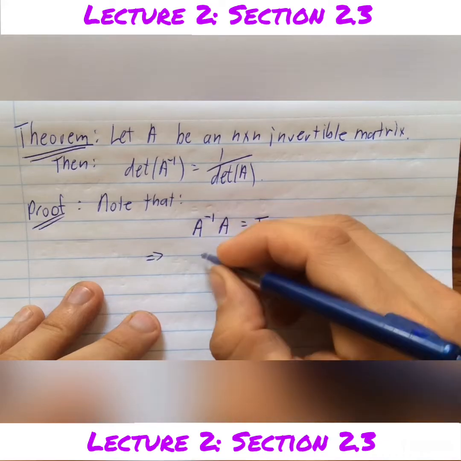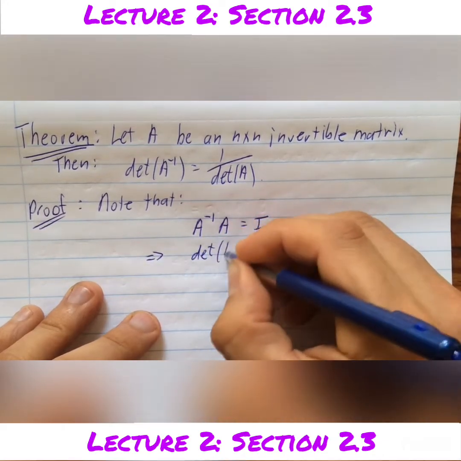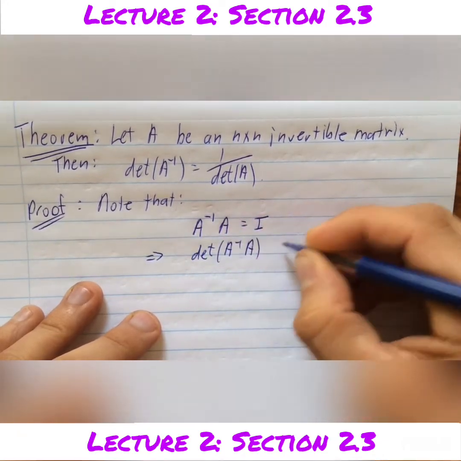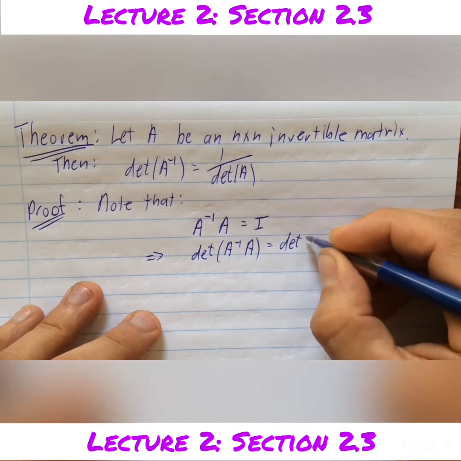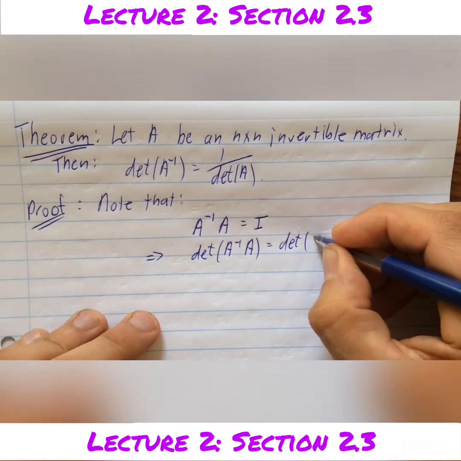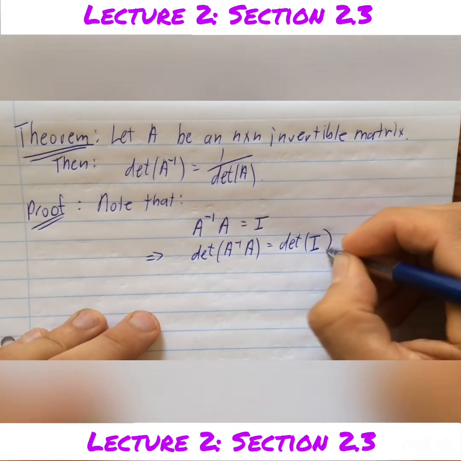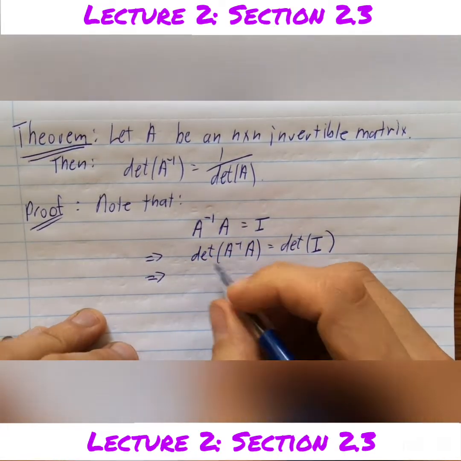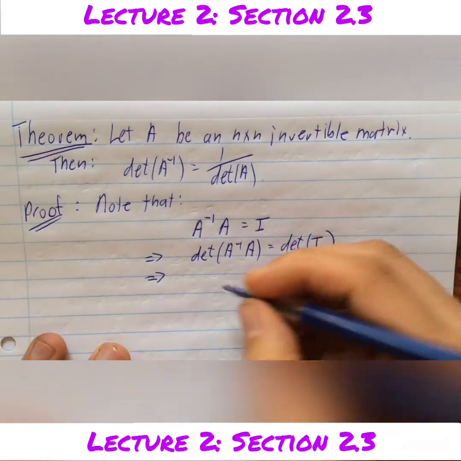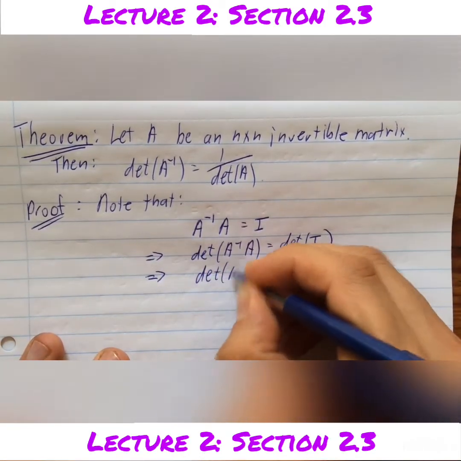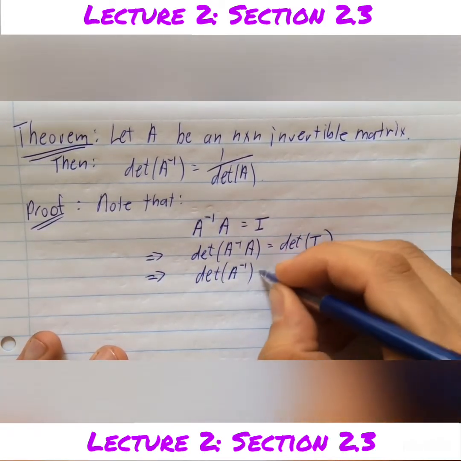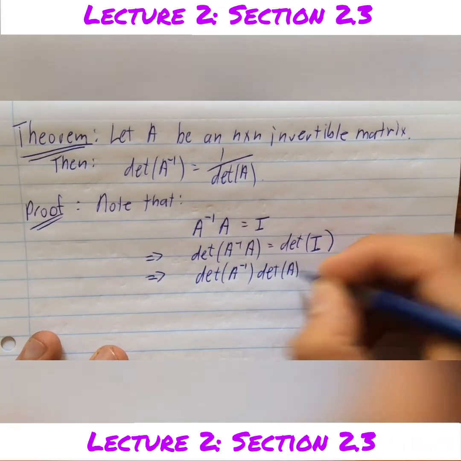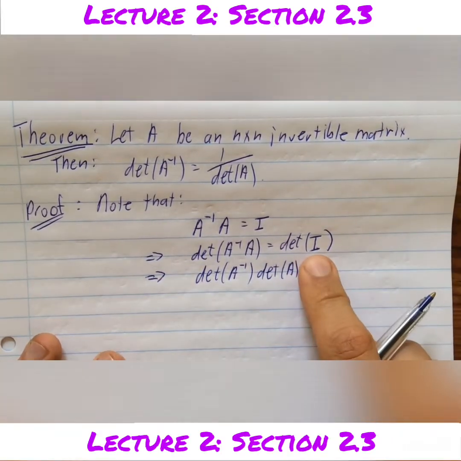Okay, so therefore, applying the determinant on both sides, using that matrix identity, we know the determinant of the product is the product of the determinants. So that's going to be the determinant of the matrix A inverse multiplied by the determinant of A. And what's the determinant of an identity matrix?